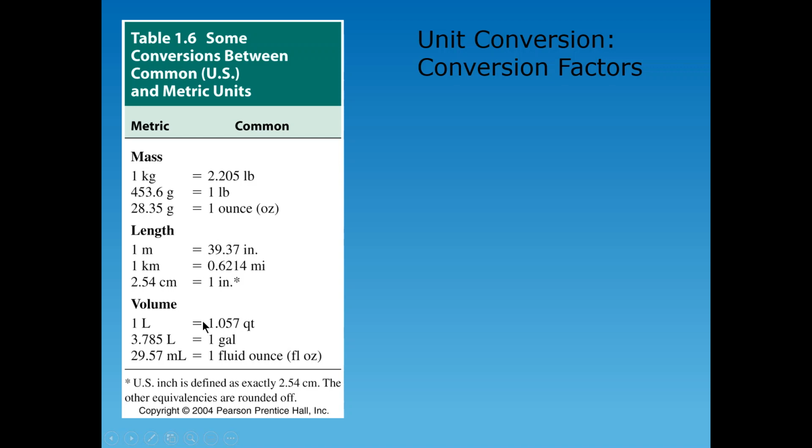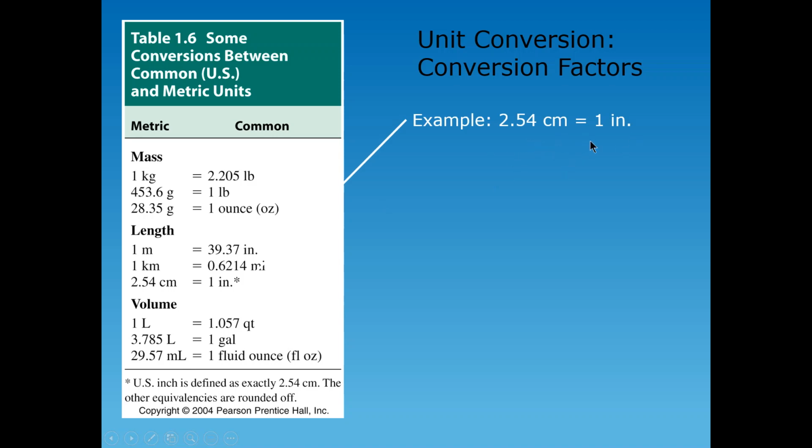And here we have relationships in terms of volume. 1 liter is equal to, for example, 1.057 quarts, all right? So here we have different relationships between the metric units and non-metric units, kilograms to pounds, grams to pounds, grams to ounces, meters to inches, and so on, all right? So we can use these relationships to do conversions from one particular unit to another. So let us focus on the relationship, for example, between the inch unit and the centimeter unit. So 1 inch is equal to 2.54 centimeters.